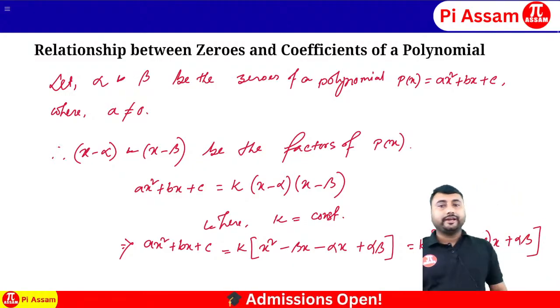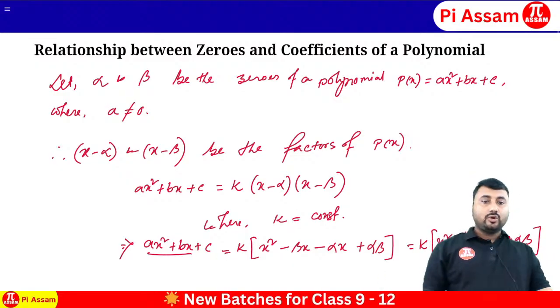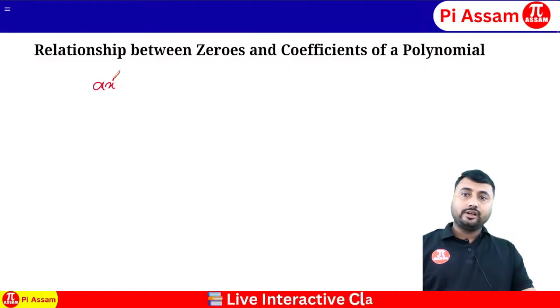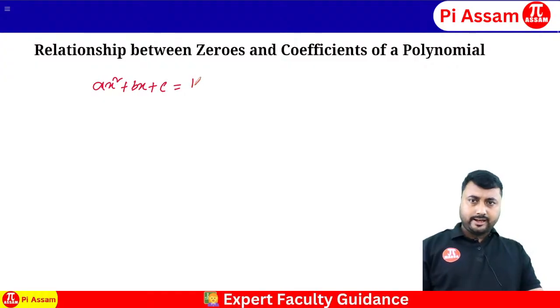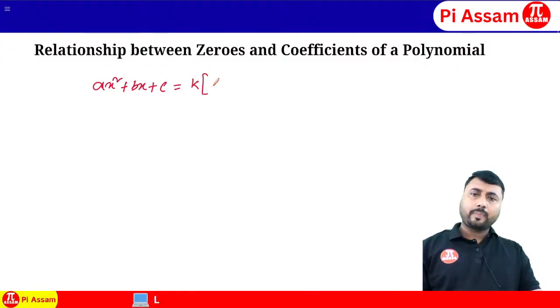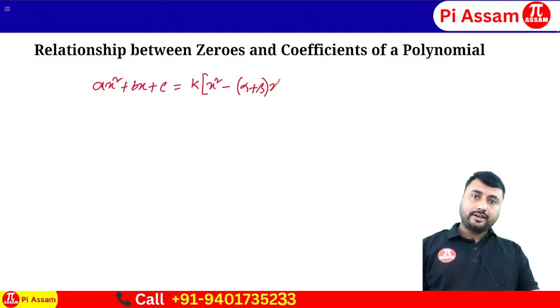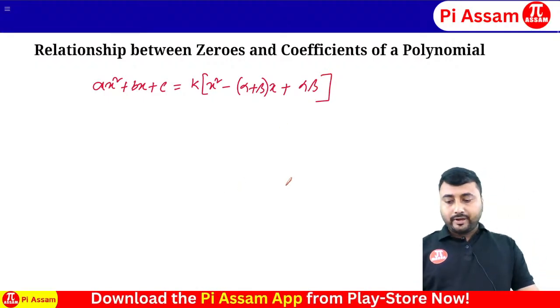So if we compare the left hand side and right hand side, ax squared plus bx plus c is equal to k into (x squared minus (alpha plus beta) into x plus alpha into beta).